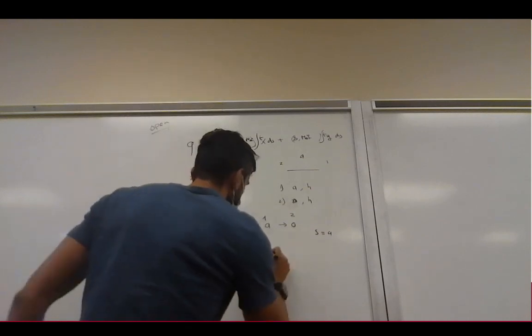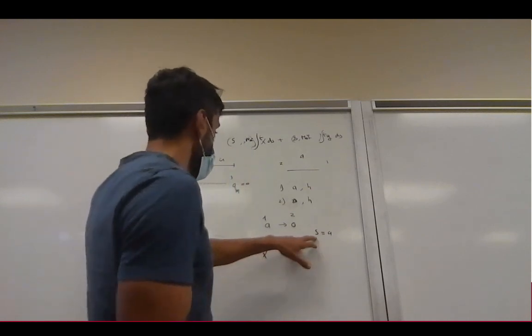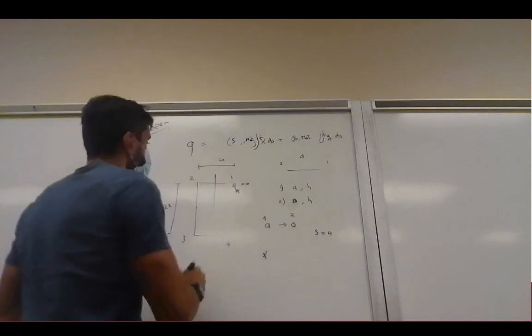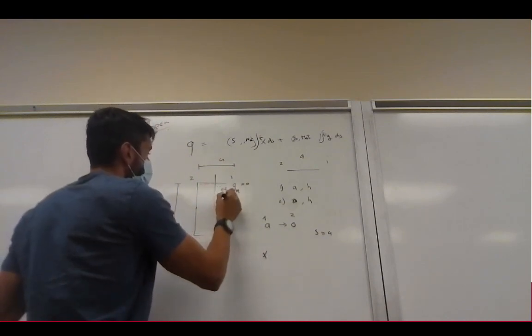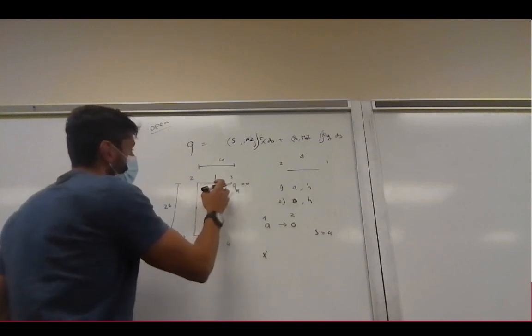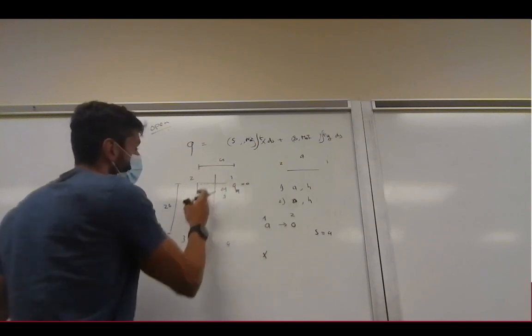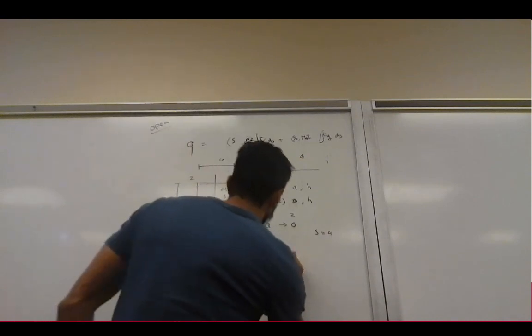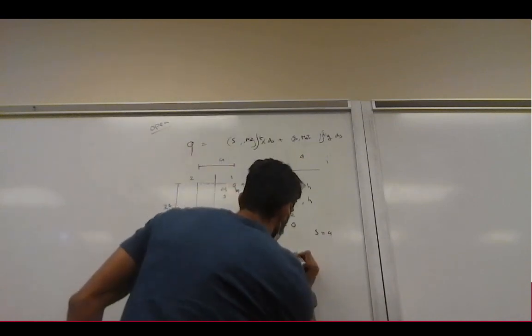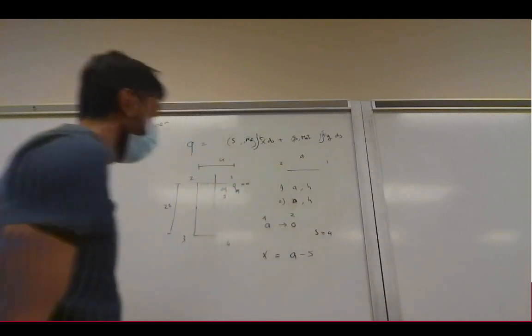So that means that the x location is a function of s, because if s goes from 1 to 2, say s is halfway, we need to know what our equation is. So in this case, x will be equal to a minus s.